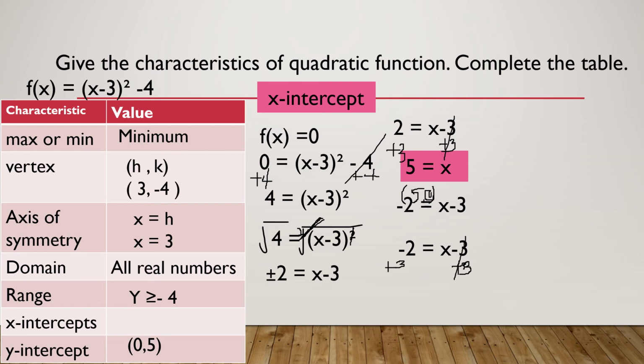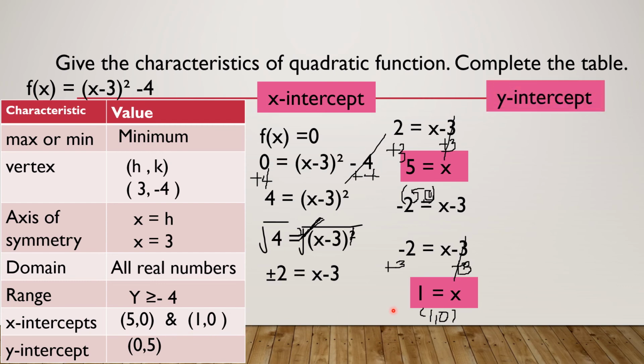Okay, this is again 0. So, x now is equal to 1. It means that the other x-intercept is at 1, 0. Okay, so it's here. 5, 0 and 1, 0.